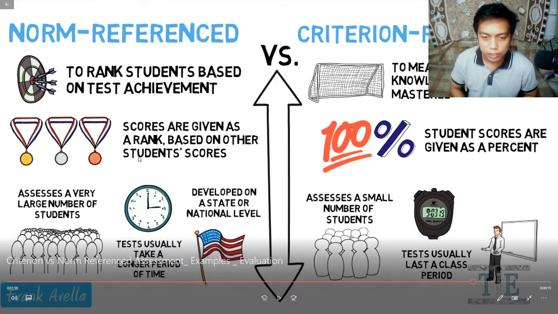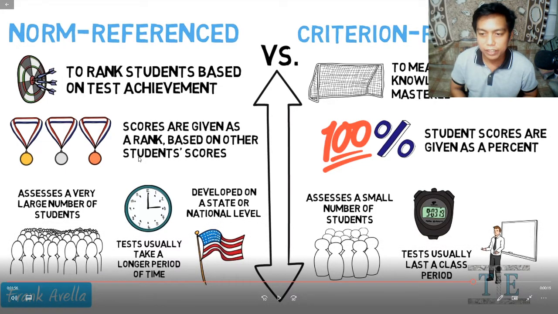If you have a better idea regarding the scenario, please give me your opinions and thoughts so we can have a better understanding of criterion reference evaluation and norm reference evaluation.